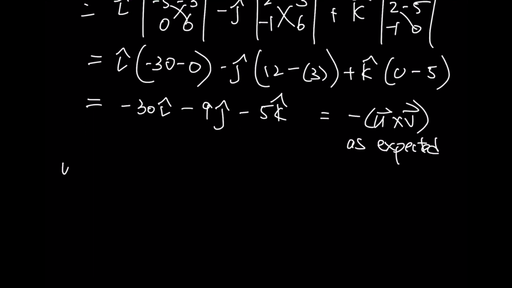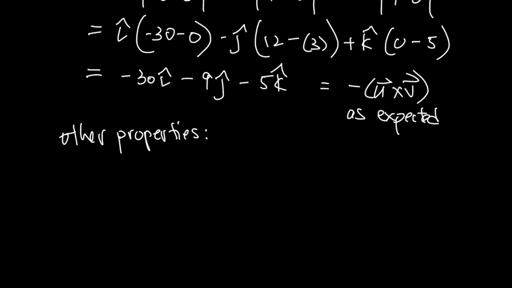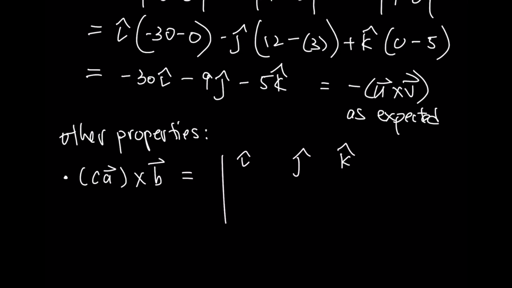Now, there are other properties that are really important that we're going to come up with. I'm only going to show you one of them, but all of the others can be found using this determinant formulation. If I were to take cA crossed with B, so if I were to scale one of the vectors, this would give me cA1, cA2, cA3, B1, B2, B3.